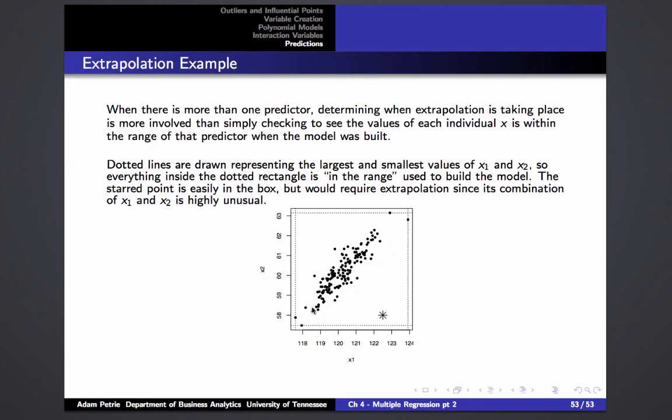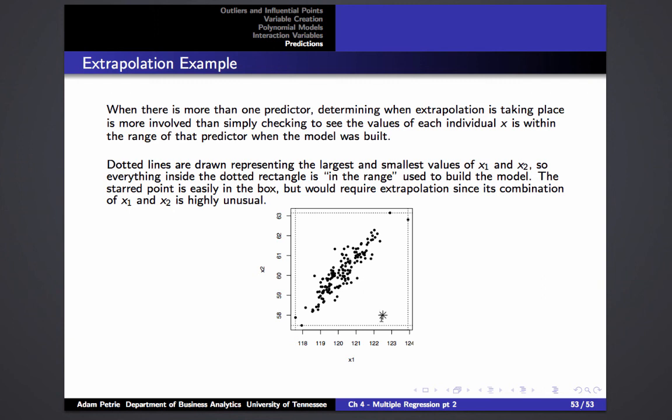We're pretty confident that this model is going to hold here because that's the range of x that we've seen. However, if I were to make a prediction at the star point, this would be extrapolating because this is at a combination that is very, very odd. I haven't seen a combination of x1 and x2 like this before, and so I'm not confident that my model is going to apply this far outside the range of x that I used to build the model.